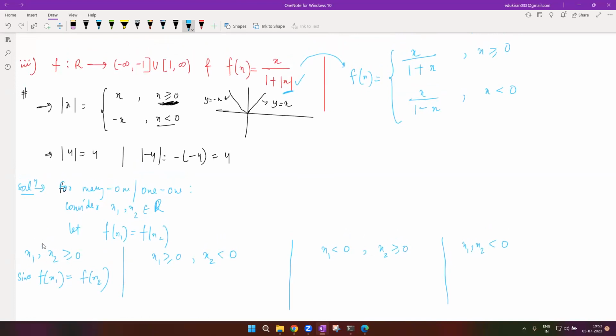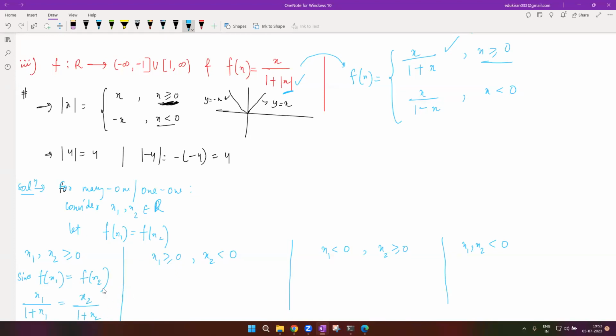In this case, both of x1 and x2 are positive. So I would write f(x1) using this formula. Because when the input is positive, the expression for the function is x upon 1 plus x, while when the input is negative, the expression is this. So in the first case, both the inputs are positive, so I can write it like this: x1 upon 1 plus x1 is equal to x2 upon 1 plus x2.